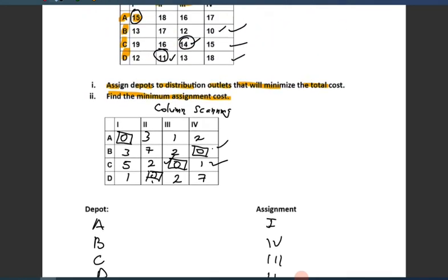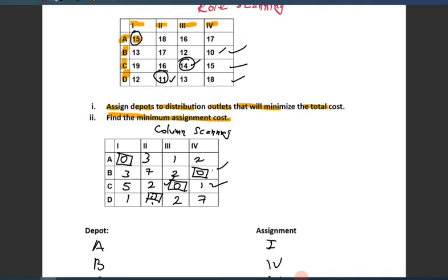To find the minimum cost, it is the cost that corresponds to the zeros from the original table.